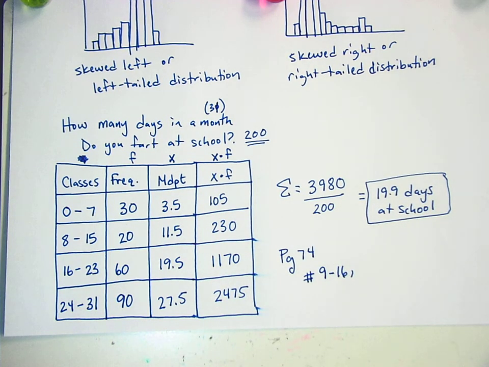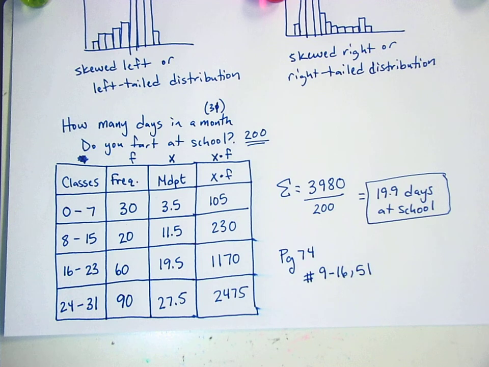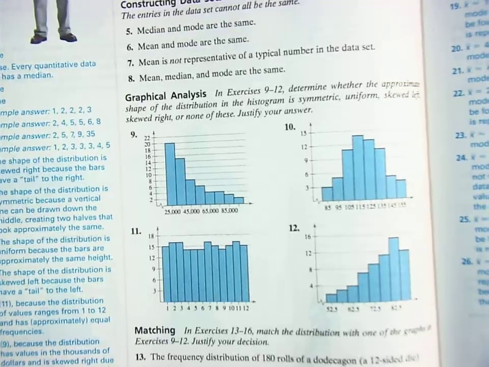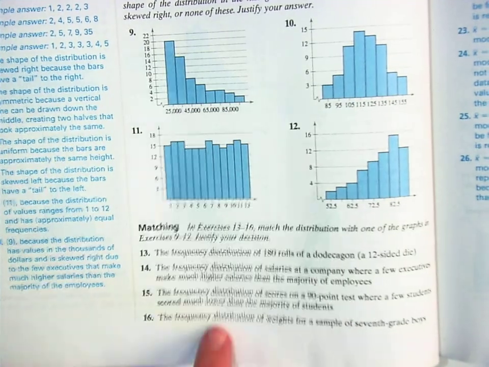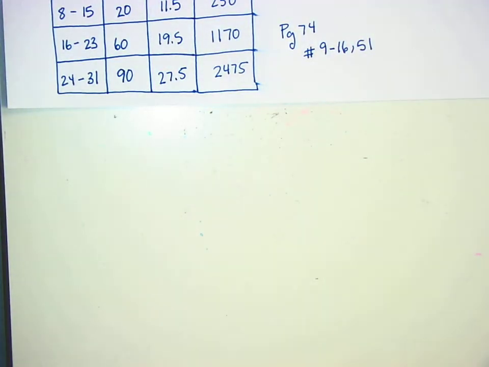And then let's do number 51. 9 through 16 is just looking at pictures of distributions and saying what they are, and then matching a situation to a picture. And then 51 is one like we just did, okay? So I think that's a reasonable amount of homework. And then we'll check it in tomorrow. Yes? Wait, hold on.